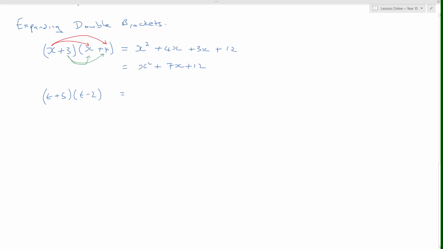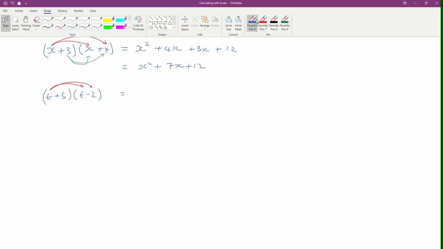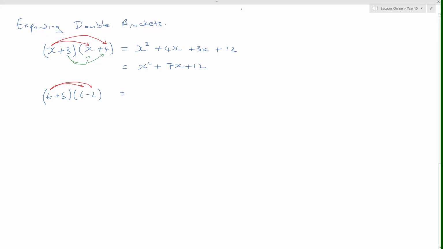So we're looking at t times t first, and then t times minus 2. Be careful of the negative there. It's what always trips people up. t times t is going to give us t squared, and then t times minus 2 gives us minus 2t.